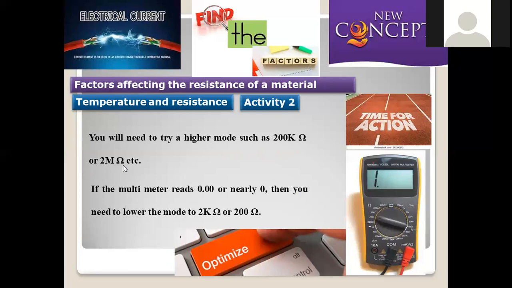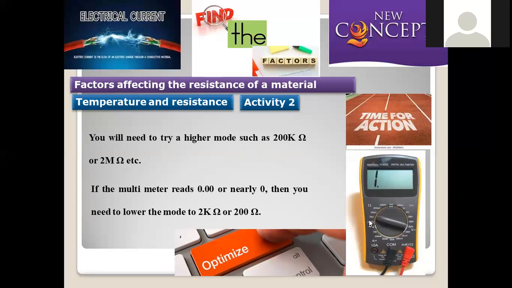So 200k ohms, otherwise the 2 ohm knob can be selected. If the multimeter reads 0 or nearly 0, then you need to lower the mode to 2k ohm or 200 ohms. So here, if it is showing 0, we have to move the knob to a slightly lower setting. In this manner, the conditions can be optimized.